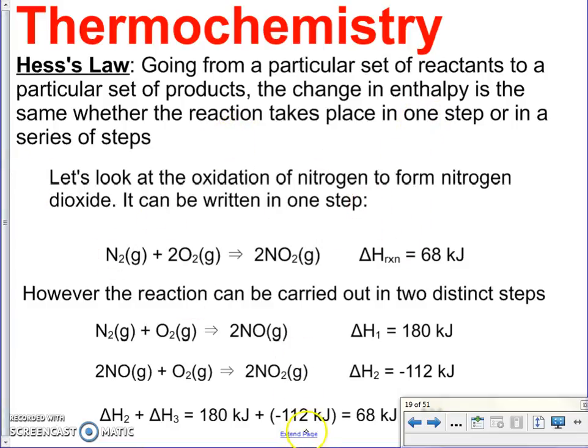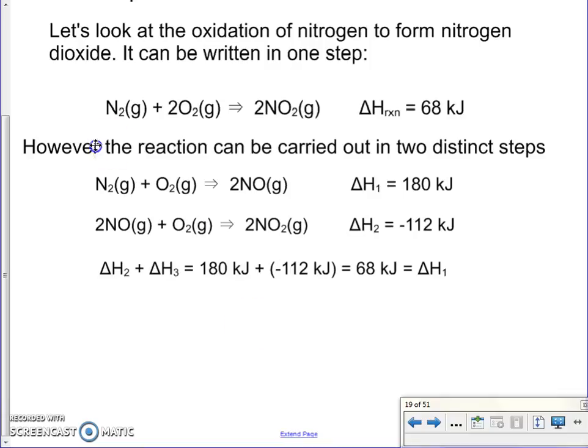So we can see that down here. Nitrogen plus oxygen forming nitrogen dioxide. Again, same reaction we've been working with. It has a 68 kilojoule enthalpy. Notice here, let's say instead nitrogen plus 1 oxygen produces 2 nitrogen monoxides, and those 2 nitrogen monoxides plus oxygen produce 2 nitrogen dioxides.